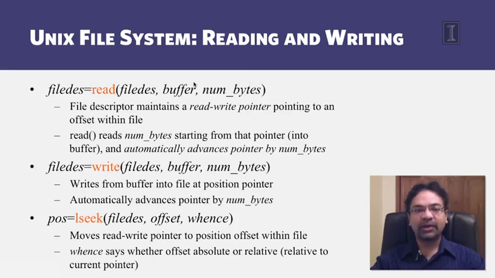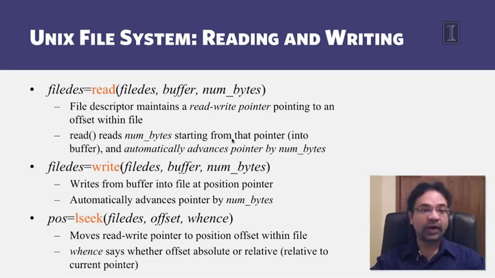But then after the read is done, the read-write pointer is automatically advanced by num bytes. So the read-write pointer now points to the 11th byte in the file. A subsequent read done to the same file descriptor will start from the 11th byte onwards. Okay, so there is an implicit read-write pointer involved here, so that processes do not need to deal with explicitly saying where in the file they want to read from.